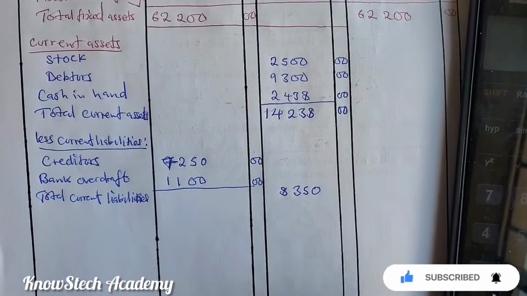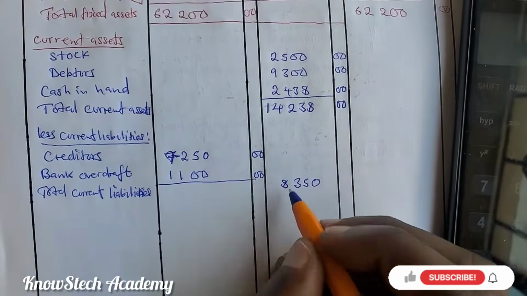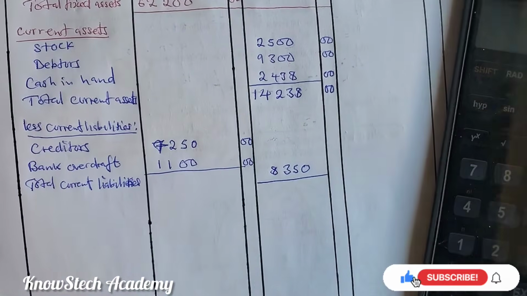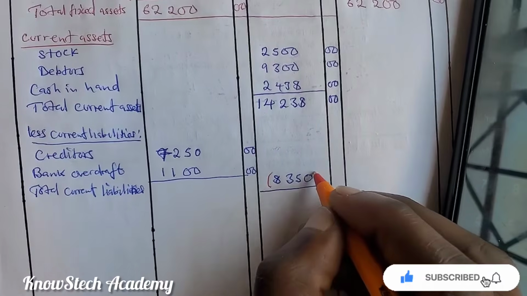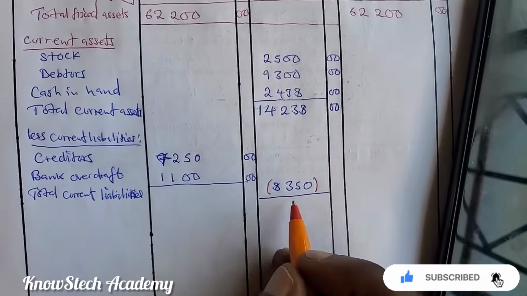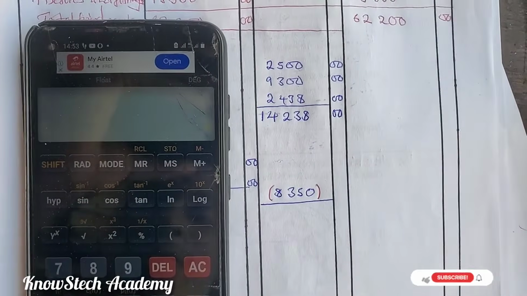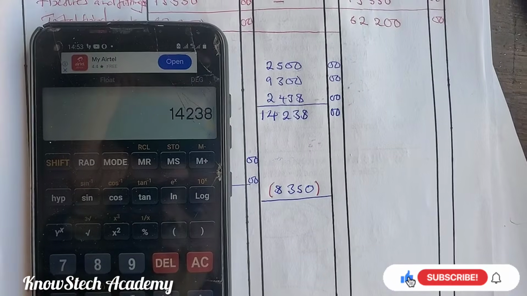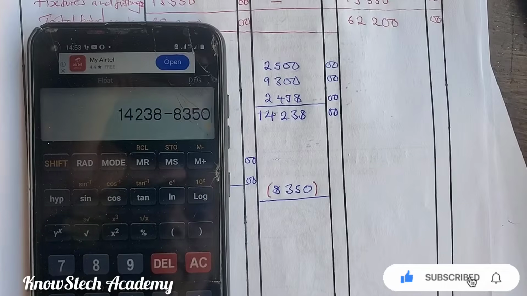Now we are going to subtract this from the total current assets. Showing that you're subtracting, you put this amount in brackets. So we say 14,238 minus 8,350.